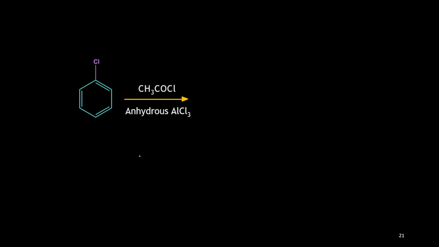Okay, I'll draw the structure. Suppose it will be like this: CH3, C, double bond O, Cl. Where will the bond break, here or here or here? Which one is easy to break? Chlorine. Here.